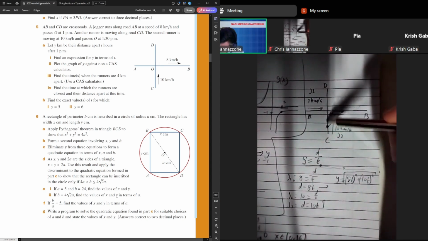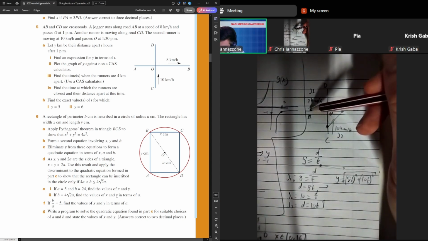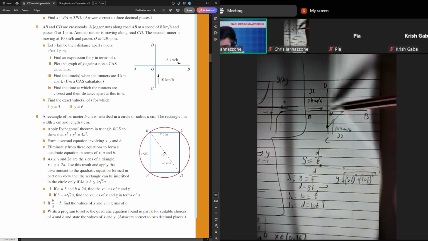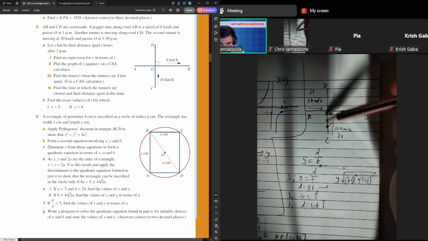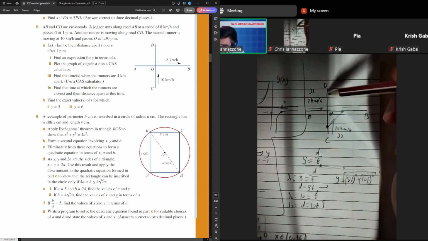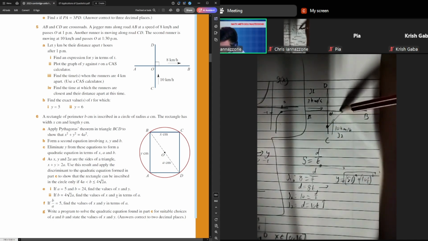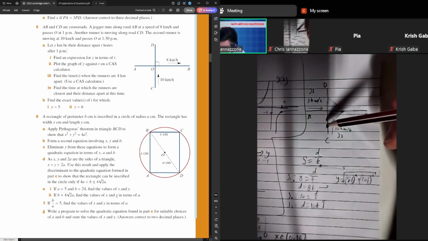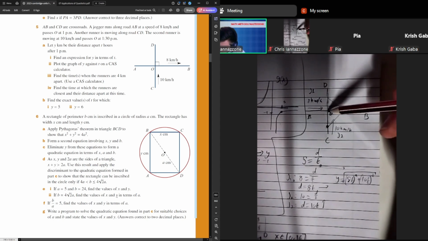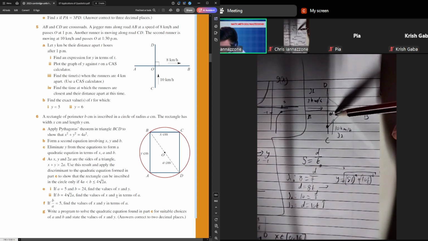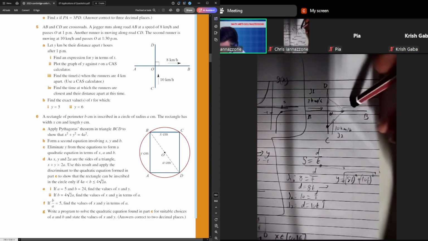Because 8t describes any path along here, and sorry, 8t was this one. 8t describes any path along here. 10t describes any path along here. And so any of those points, Pythag is going to be this plus this squared, all square rooted. Does that work?